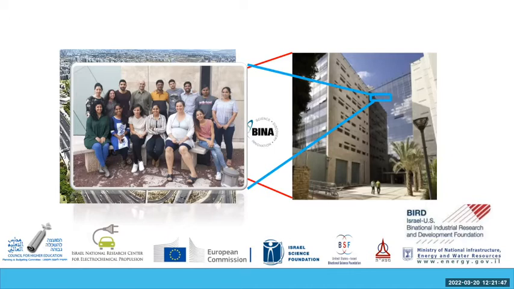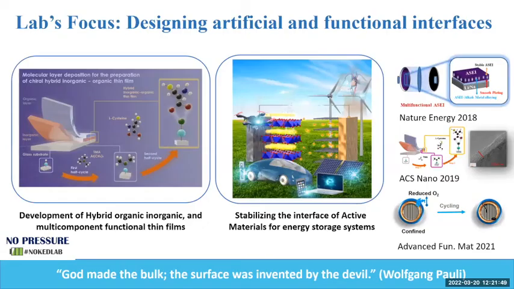So our lab focuses on designing artificial and functional interfaces. We are dealing with various applications. We design surface films that are selective on the surface of any substrate you can think of.